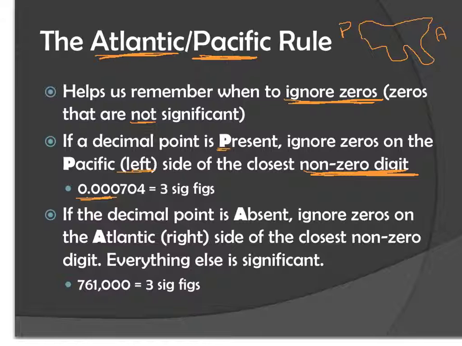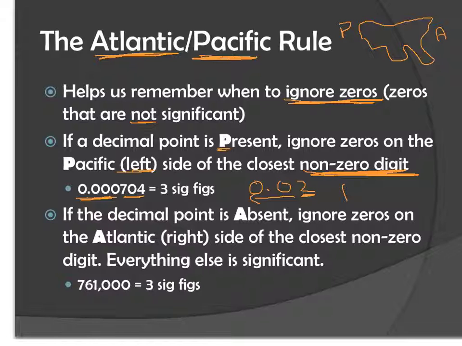So this only has 3 sig figs, the 7, the 0, and the 4. Let's do another one. The decimal point is present, so 0.02. Zeros to the left of the closest non-zero digit, this number 2, are ignored because the decimal point is present. So this only has 1 sig fig.